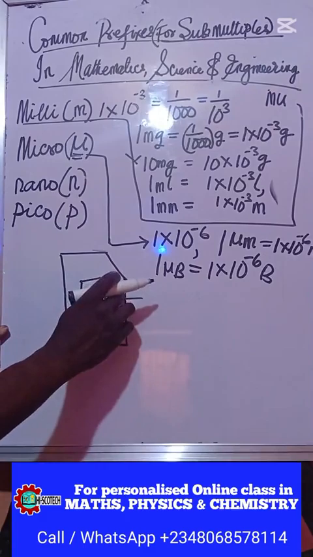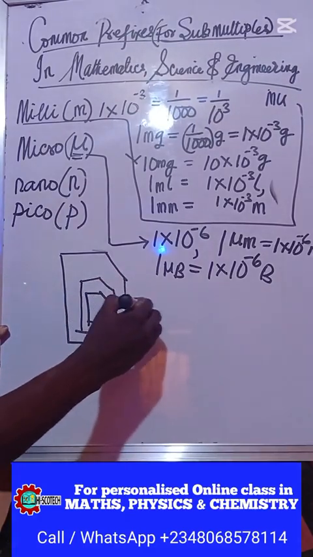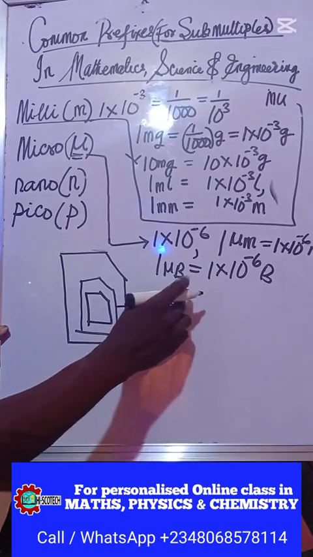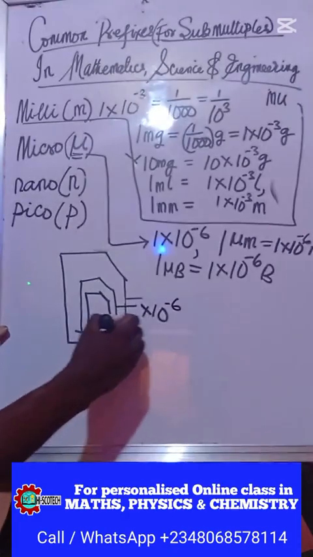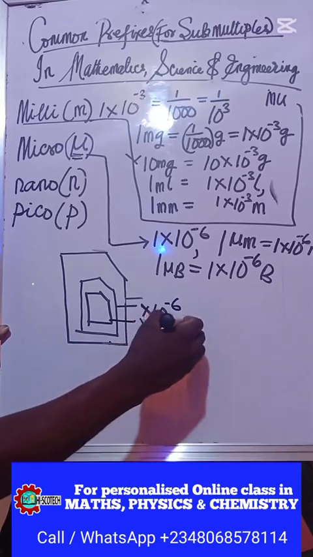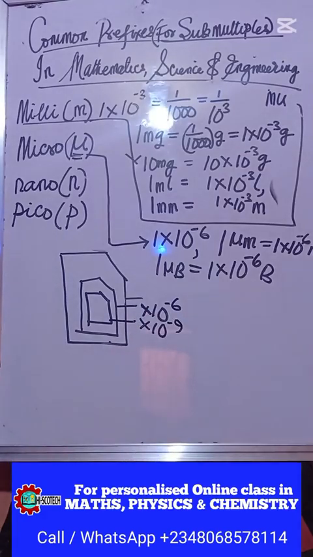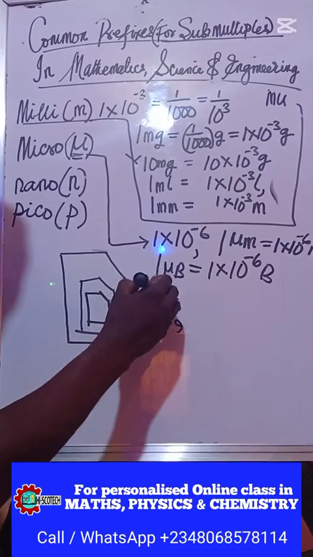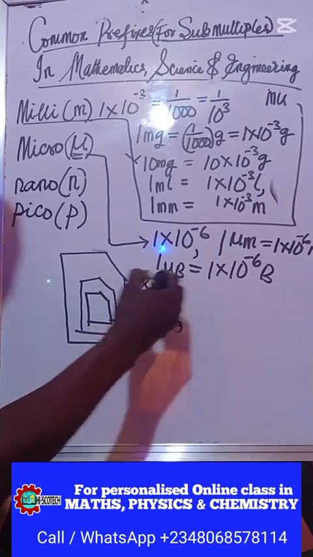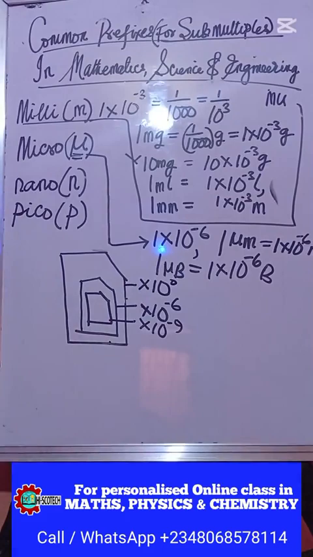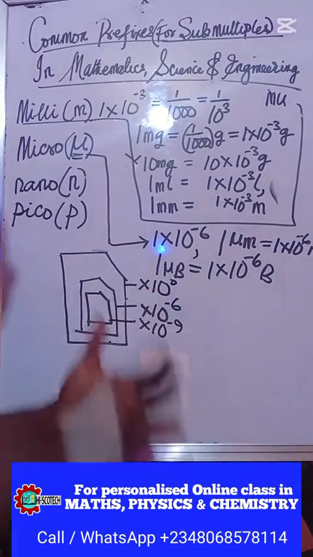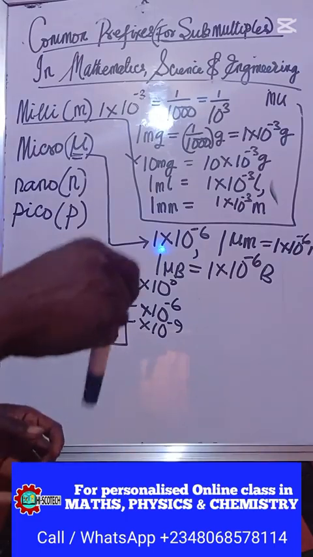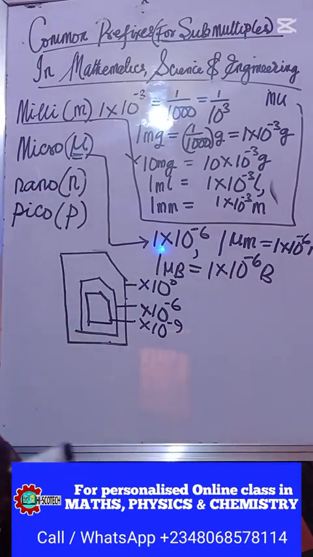This is times 10 raised to the power minus 6. This is times 10 to the power minus 9. And of course, this one should be times 10 raised to the power 0, which is the actual size. That's how we make use of a micro. So micro is 1 over 1 millionth fraction of the actual size.